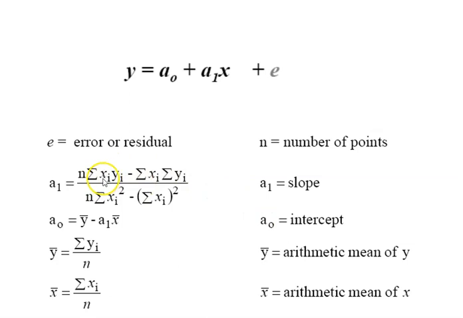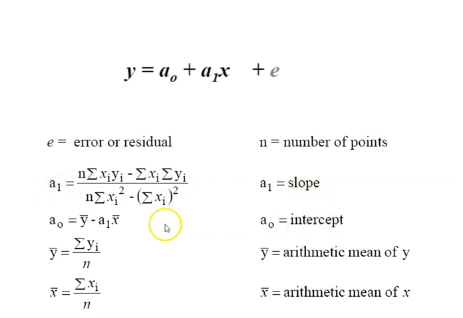The total of all xi times yi, minus the summation of the x data times the summation of the y data. You also need to create another column for x squared: x1 squared, x2 squared, x3 squared, and so on. So this is the summation of xi squared, and that is the formula to calculate the slope.